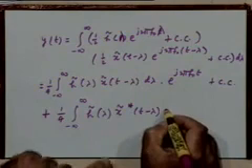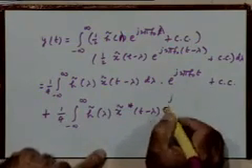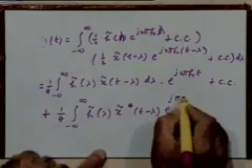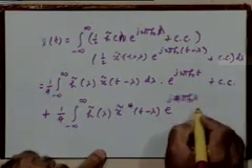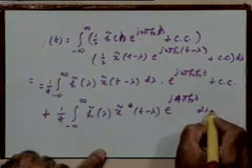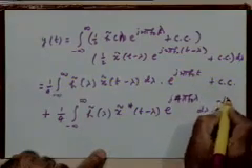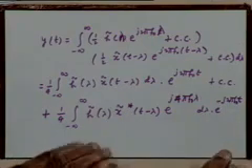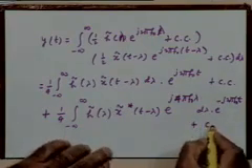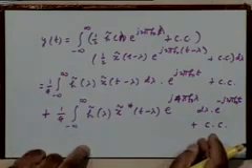It does not cancel off. You will get two terms: e to the power j4 pi f naught lambda and also a term e to the power minus j2 pi f naught t. Plus you will get a similar term which will be the conjugate of this term.